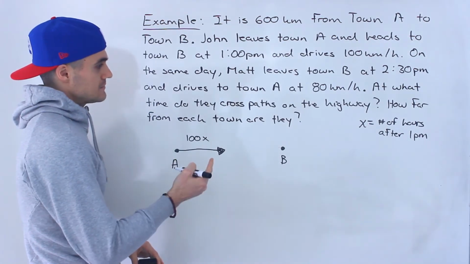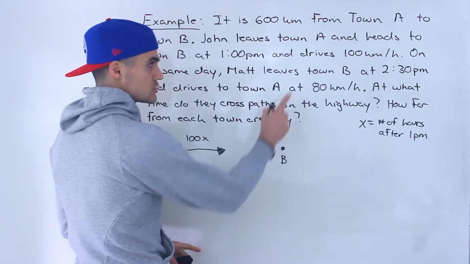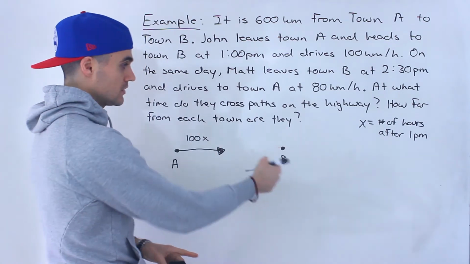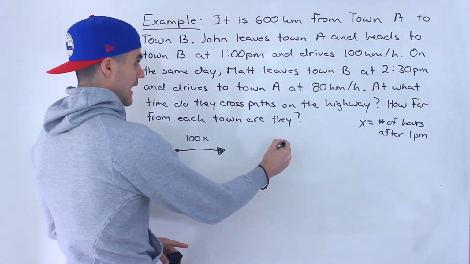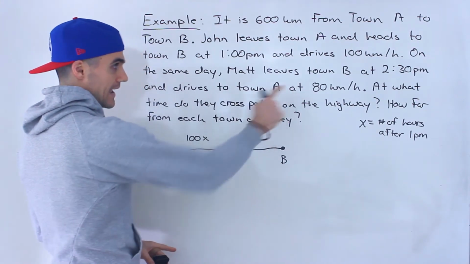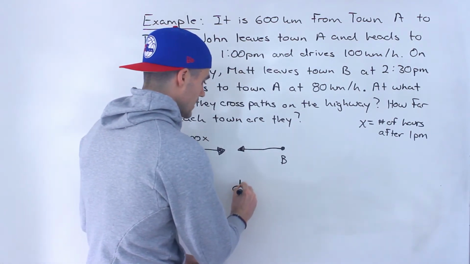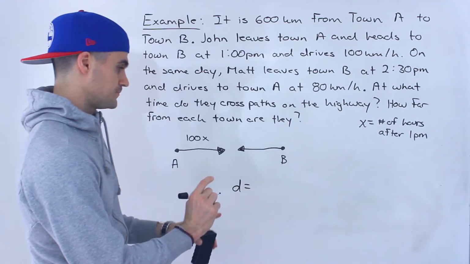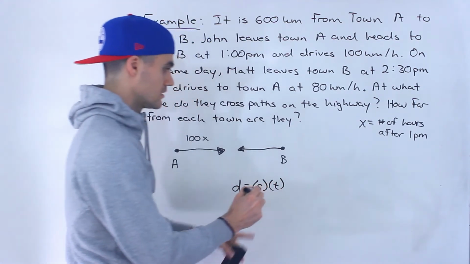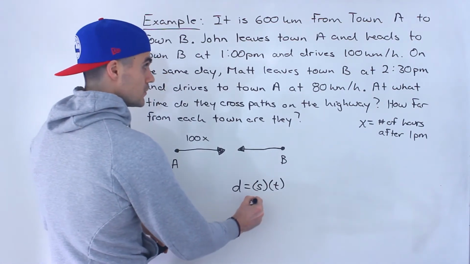Now, on the same day, we're also told that Matt leaves town B at 2:30 p.m. So he leaves an hour and a half after John. He's leaving town B and driving to town A at 80 kilometers per hour. We can also create a distance expression for Matt, which is speed times time. His speed is 80.